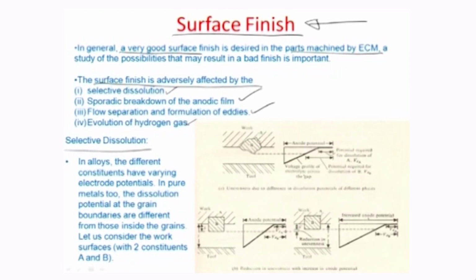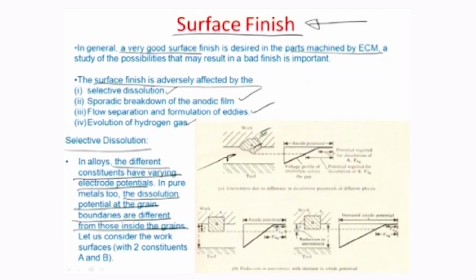So, let us suppose we are machining an alloy with 2 different phases A and B, as you can see here in this particular cartoon or schematic. Okay. So, the different constituents that we are using here, A and B, have also varying electrode potentials. So, A may have slightly higher dissolution potential than B or vice versa. In fact, if you go from alloy systems to pure metals also, the dissolution potential at the grain boundaries is quite different from those inside the grains.